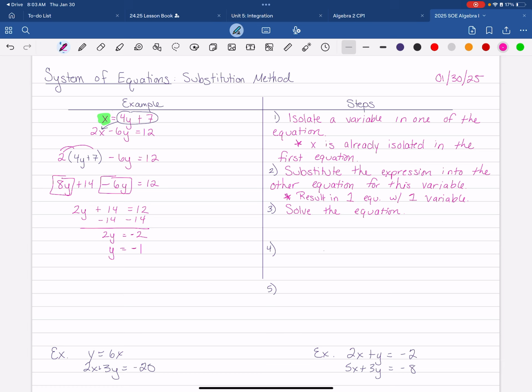Now what I'm going to do is I'm going to take this value of y equals negative 1 and I'm going to substitute it into that first equation that has the variable isolated.